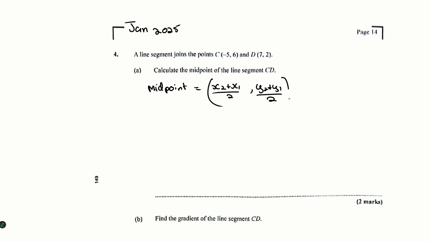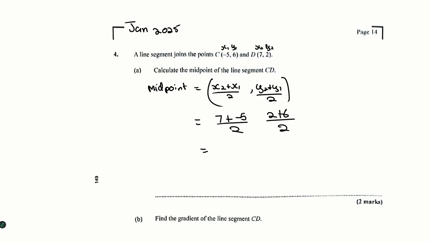That's the formula. So you have to choose one to be point 1 and the other point 2: x1, y1, x2, y2. So I have 7, which is x2, plus negative 5 over 2, and then 2 plus 6 over 2.